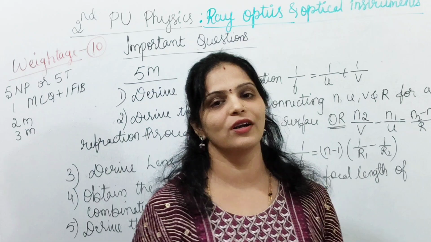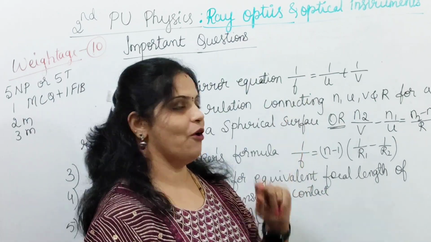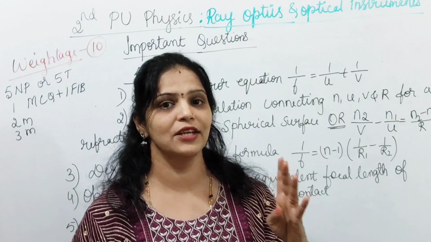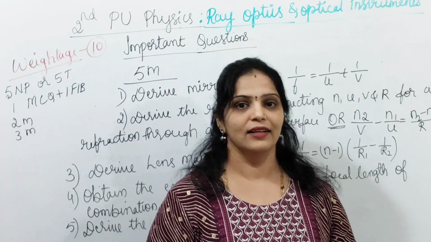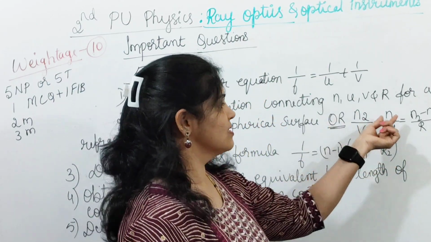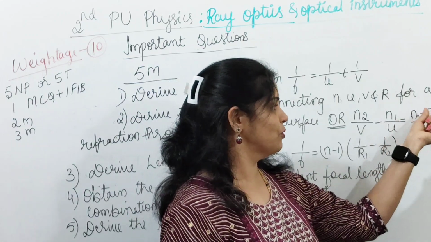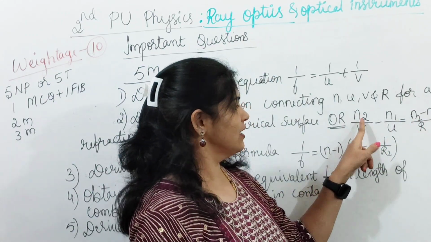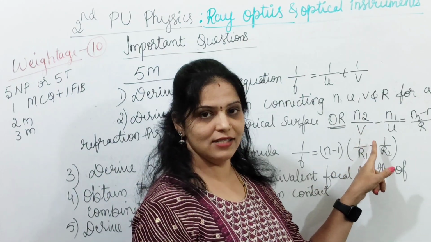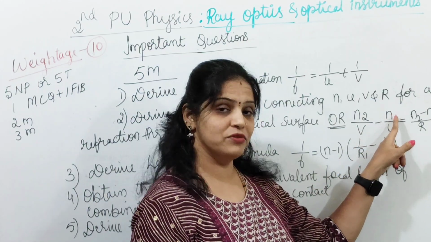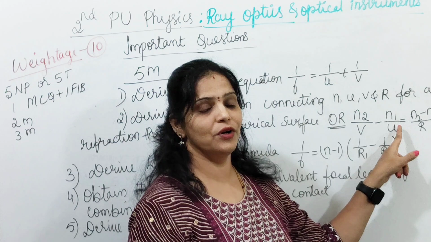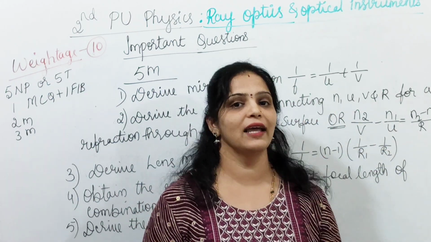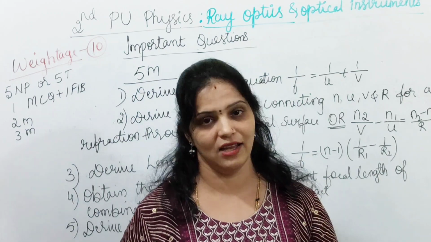This is one of the important equations, the mirror formula. The next one is the relation between n, u, v and R. That relation is n2 by v minus n1 by u is equal to n2 minus n1 by R. This is the refractive index of image space by image distance, minus the refractive index of object space by object distance, equal to the difference in refractive indices of the two media divided by the radius of curvature of the surface we are using.